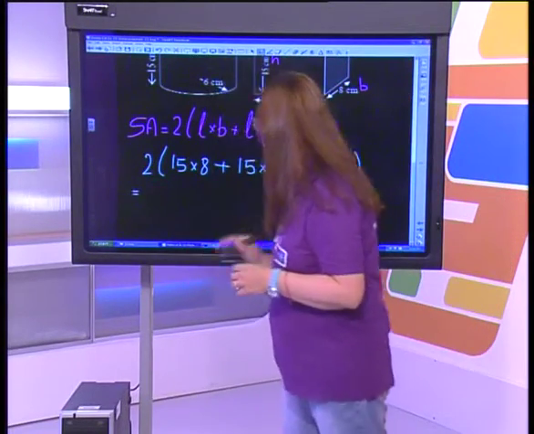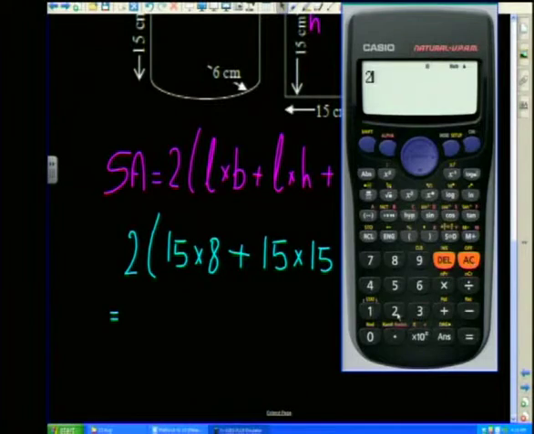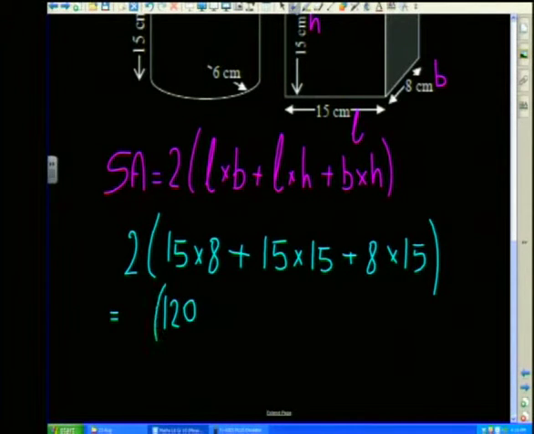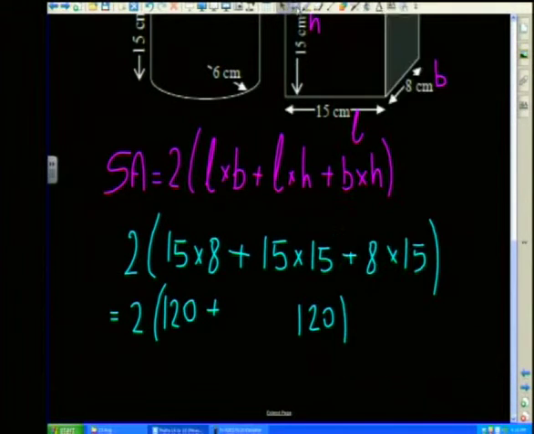And now we can actually do this calculation. In fact, maybe I shouldn't do it all at once. So 15 times 8 is 120. So that's 120. Now I've got the 2 times. Plus, let's do that one, and that's also 120. 15 times 15 is 225.